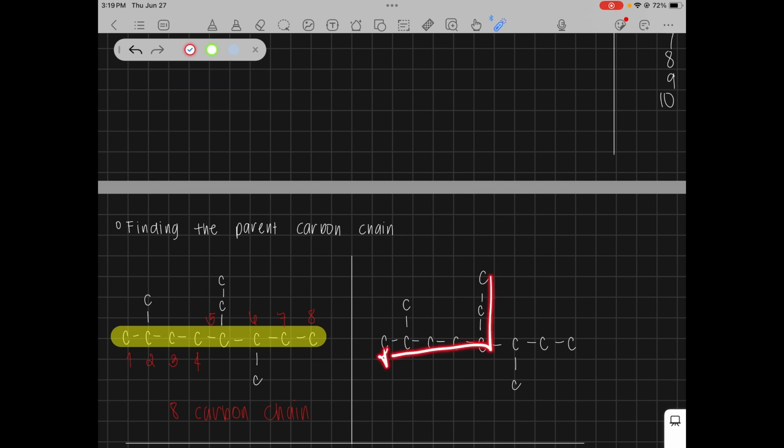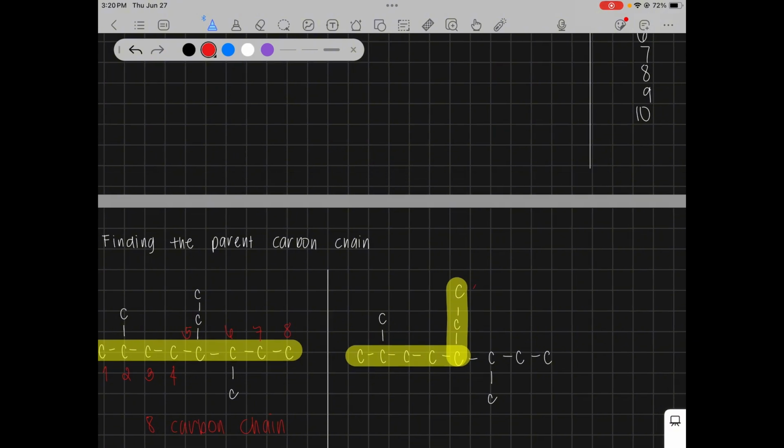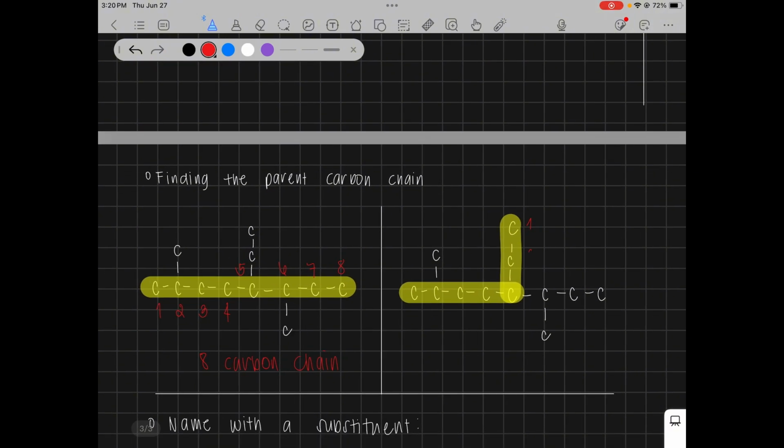Let's see if it is longer than 8. We can number it. So we have 1, 2, 3, 4, 5, 6, 7.